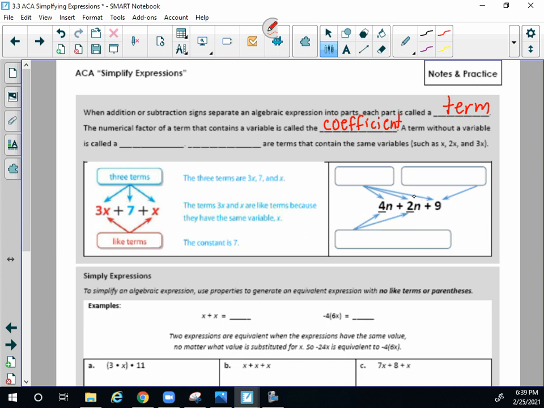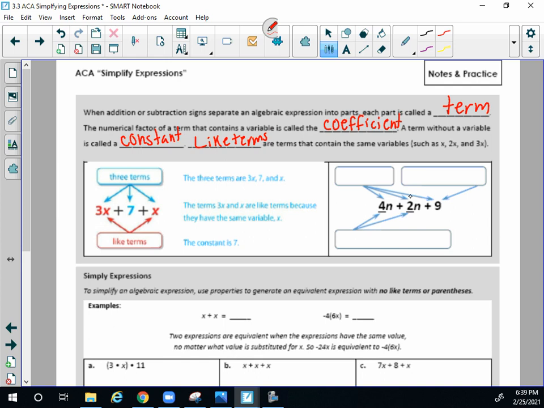A term without a variable is called a constant. And like terms are terms that contain the same variables, such as x, 2x, and 3x. Each of those terms contains the variable x, so they would be similar or like terms.